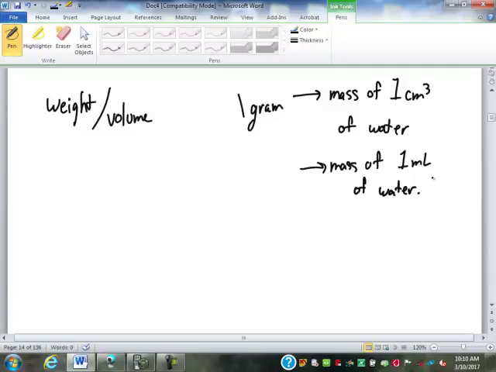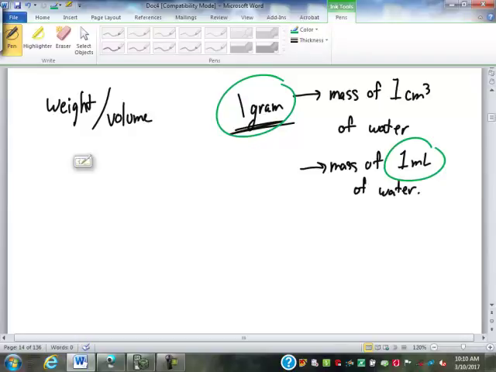Most of the solutions we use in medication have a density similar to that of water. Glycerin's a little thicker, alcohol's thinner, less dense. But saline is basically just purified water, sterilized water. So it will have this relationship of 1 gram equals 1 milliliter.